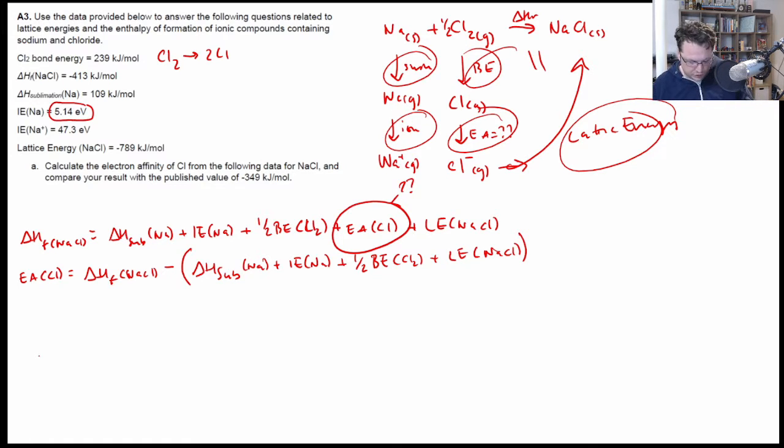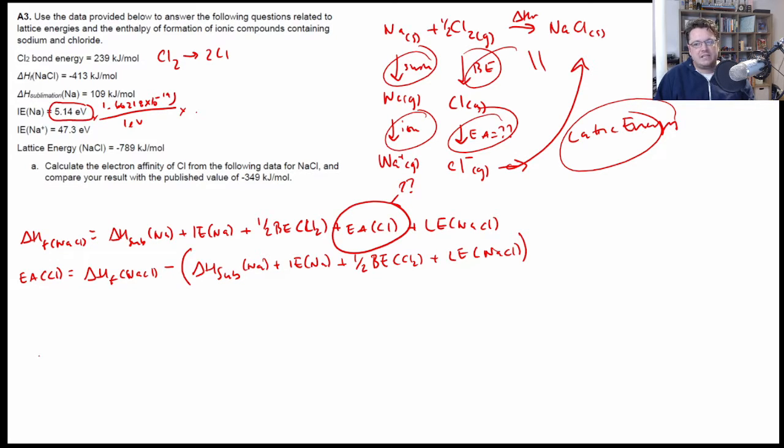I gave the conversion of 1 electron volt into joules. What we know is 1.6022 times 10 to the negative 19 joules per electron volt. And this is per atom, so to say.